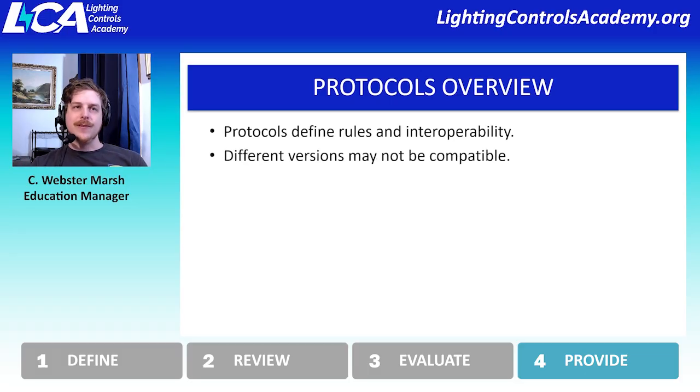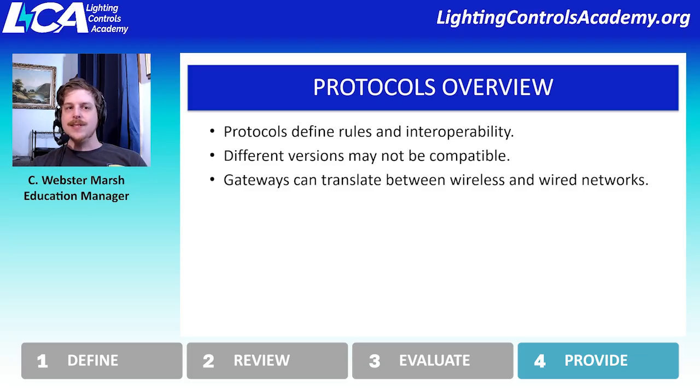There are a lot of different versions out there, especially when we're talking about protocols such as Bluetooth. Bluetooth has a wide range of options out there, and they're not all directly compatible with each other. The Bluetooth that you use to connect to your headphones is not going to be the same Bluetooth that the wireless mesh devices are using to communicate with each other.